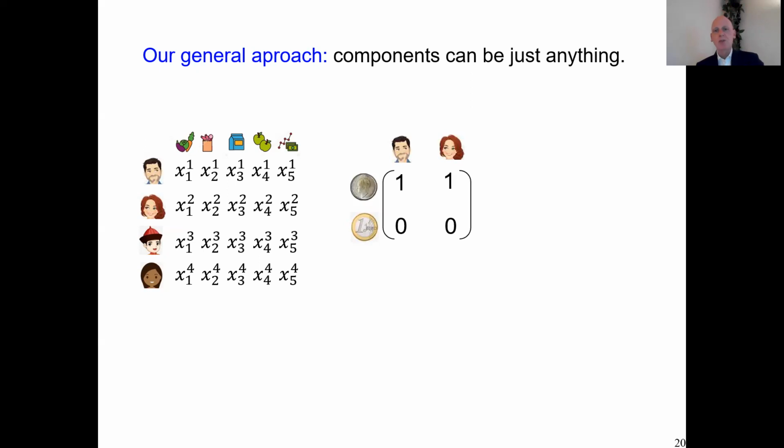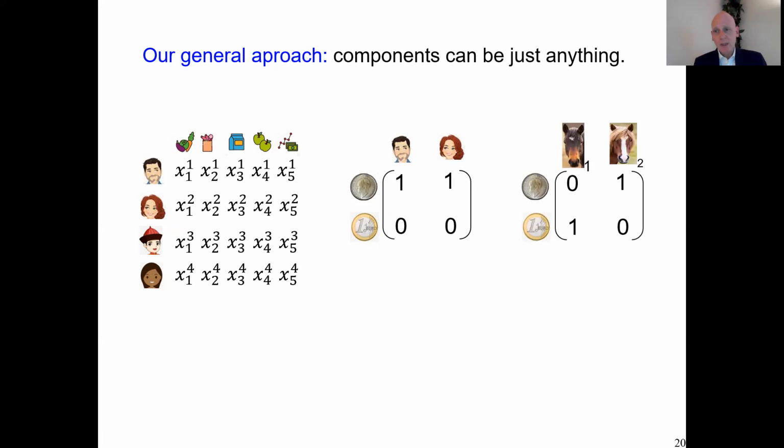Another example is where one component concerns persons, but the other component concerns uncertainty that can happen. Here we have a matrix where money is given to a man, John, and a lady, Mary, but then a coin is tossed, heads or tails, and then, for instance, if tails comes up, John gets nothing, Mary also gets nothing. This is when welfare and risk are combined, and many papers are studying that.